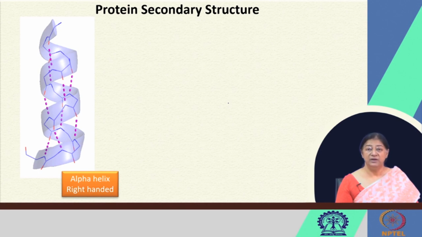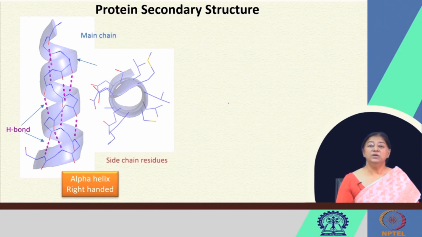There are specific characteristics to these helices, and reasons why they are held together in such a spiral fashion. The main chain forms this spiral, and the interactions are through specific hydrogen bonds that can be seen. They are formed between specific amino acid residues, which we will see in a moment.